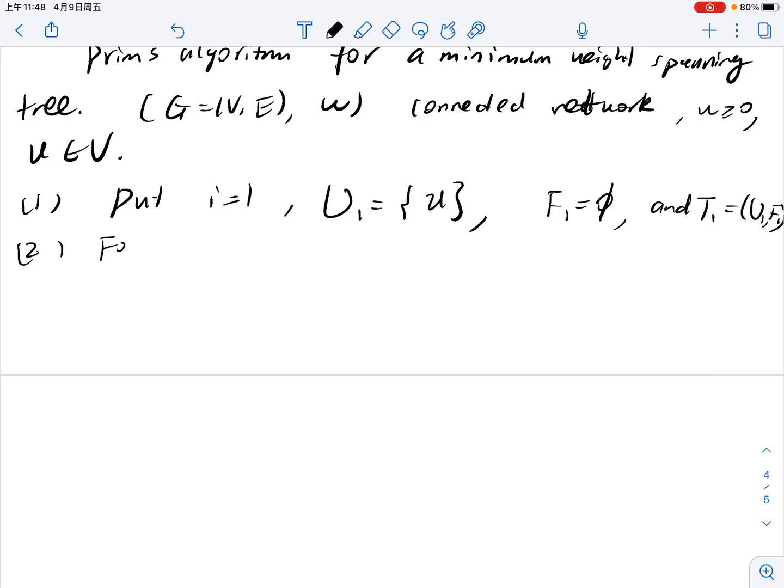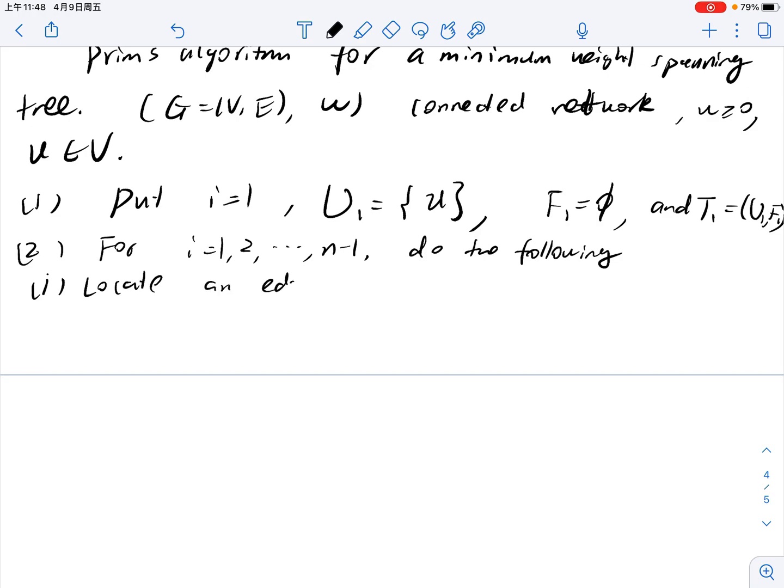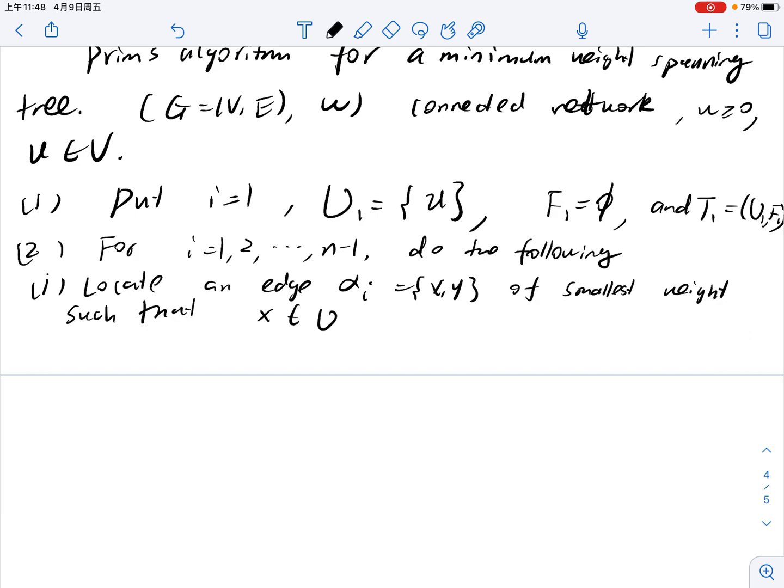Secondly, for i from 1 all the way to n minus 1, do the following. Locate an edge alpha_i of smallest weight such that X is in U_i and Y is not in U_i.